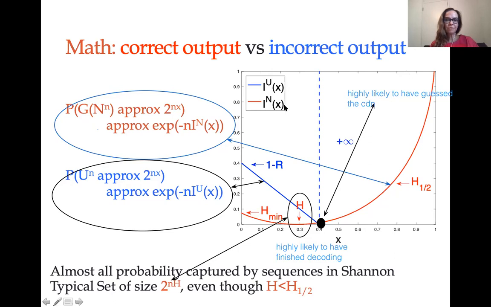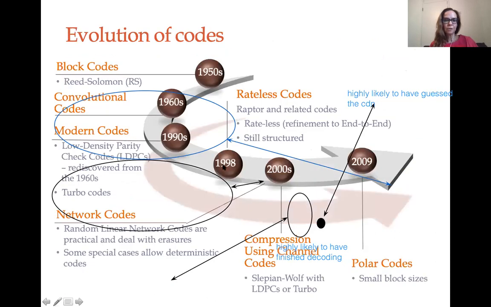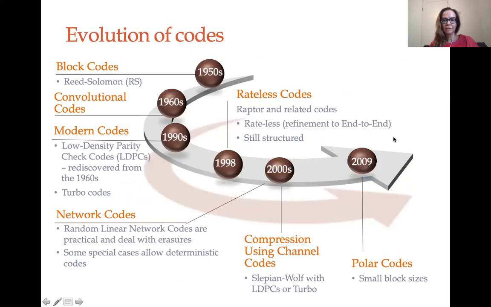That's why, by the way, here I'm really not looking at the structure of the code and the types of developments that have happened in coding for many, many years: block codes, convolutional codes, so-called block Markov codes, or the LDPCs that have been knocking around since the early 60s, turbo codes, small block size polar codes, CRC-aided polar codes.